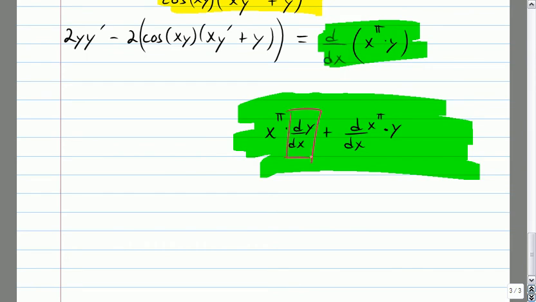Okay. What do we call this one? Triple x? Okay, so you got x to the pi times y prime plus, okay, y times something. What's the derivative of x to the pi? X to the pi minus 9. Nice. So that's your new green piece.